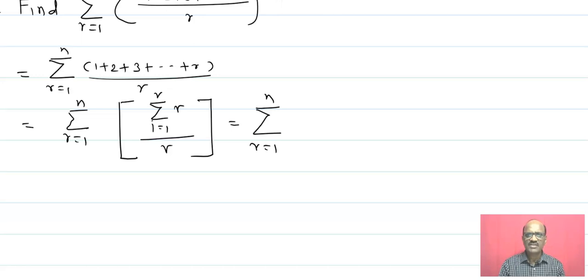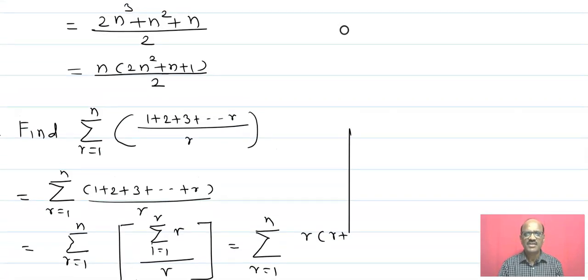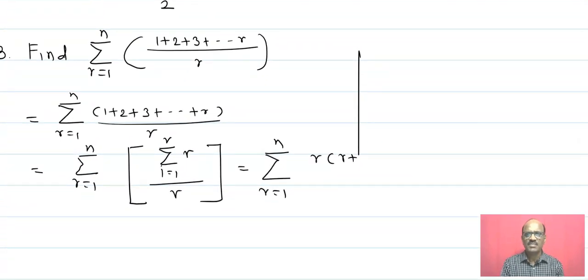In bracket we will get r into r plus 1 upon 2, and whole divided by r, that is r gets cancelled.